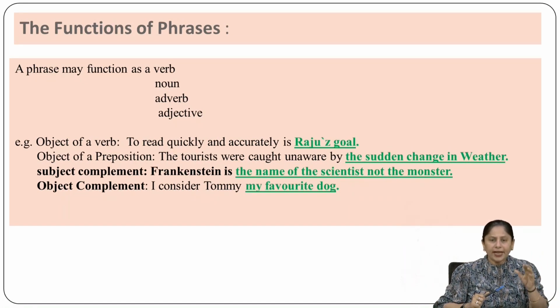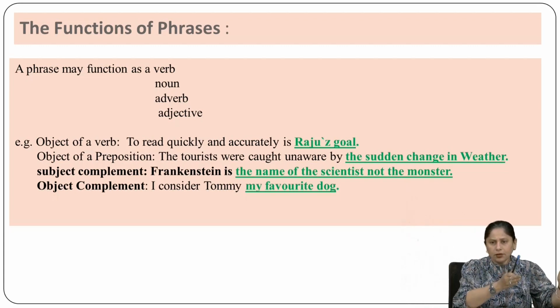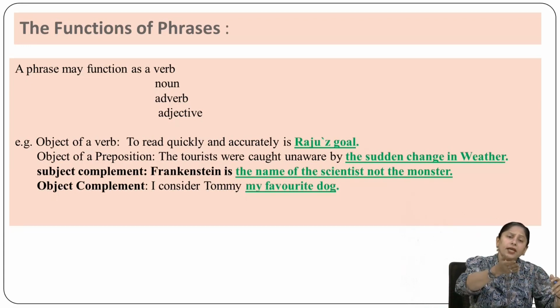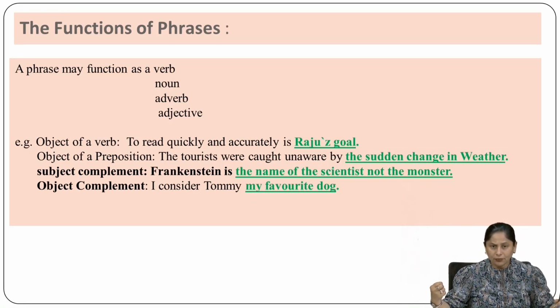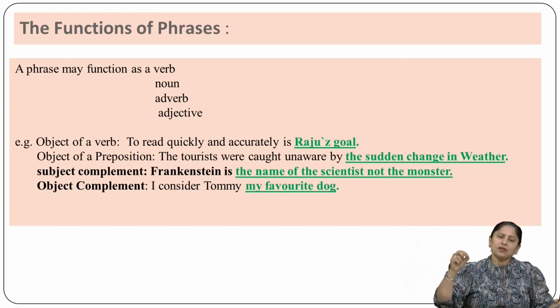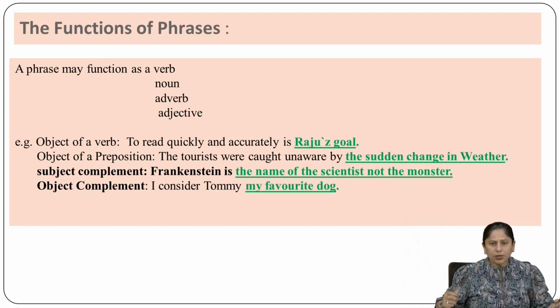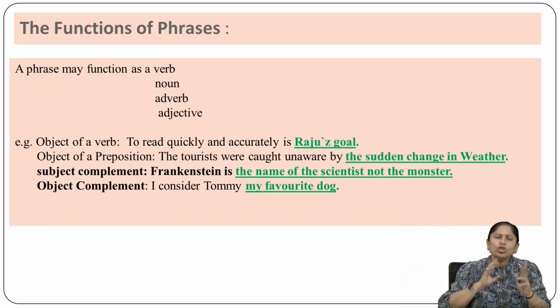To read quickly and accurately, these are the verb related adverbs, quickly and accurately. Read is the verb, and that comes in the beginning of the sentence. So you can say that to read plays the role of the subject. To read is her activity. That also could be done. Quickly and accurately, merely they are kept over there to confuse you.